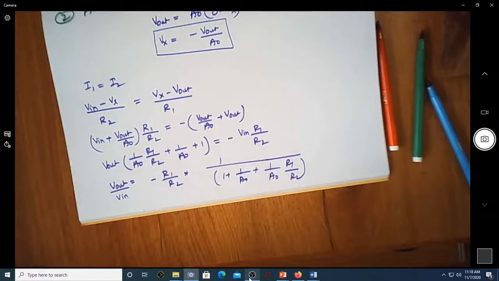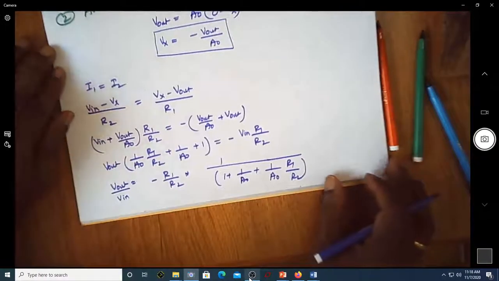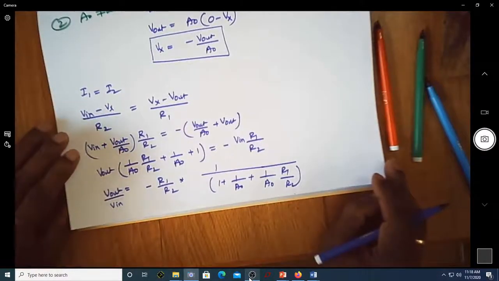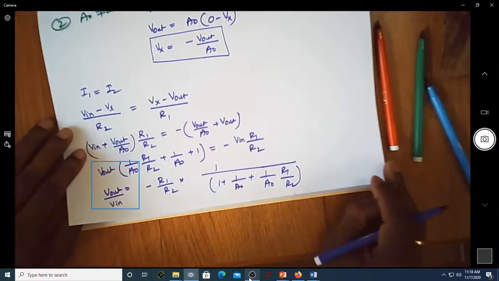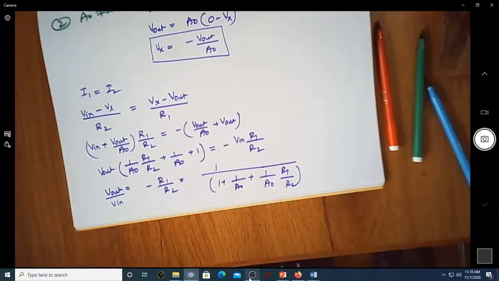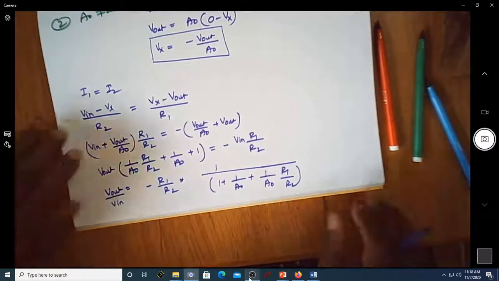Can we write this? Okay, we can write this as the expression for the gain. So we will continue with this.